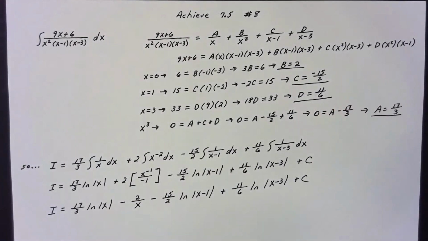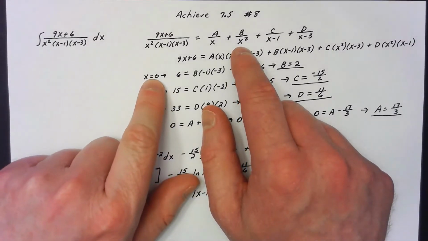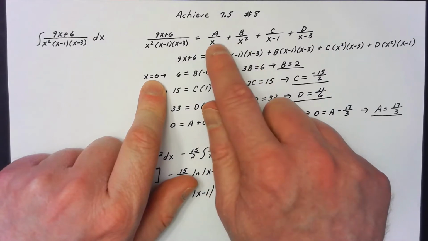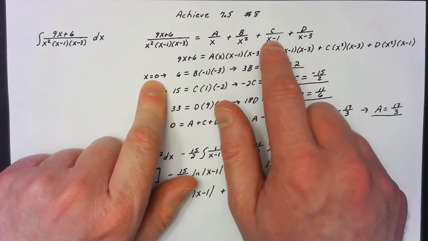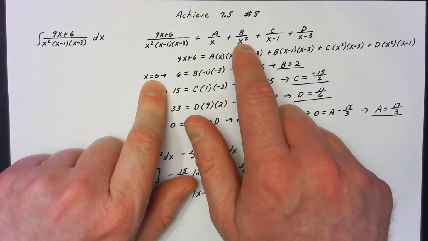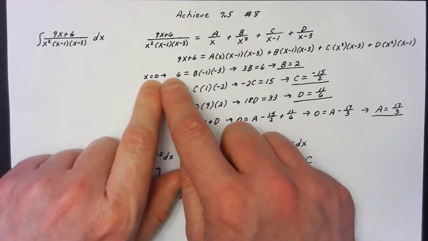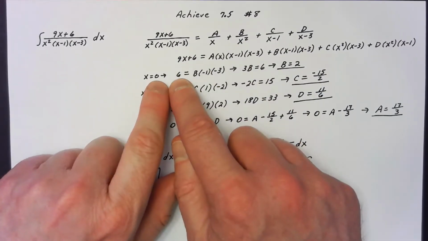Okay, now once we do that, you should be able to solve for at least 3 of your variables directly. The values I want to allow x to equal are any that would cause any of these denominators to be 0. The first two would be made 0 if I let x equal 0. Allow x to equal 0 in your equation. Your left-hand side would just be a 6.